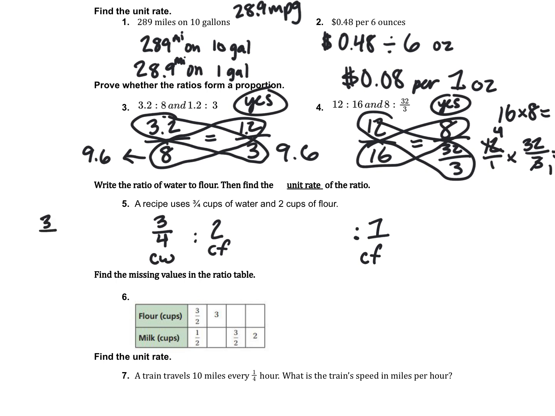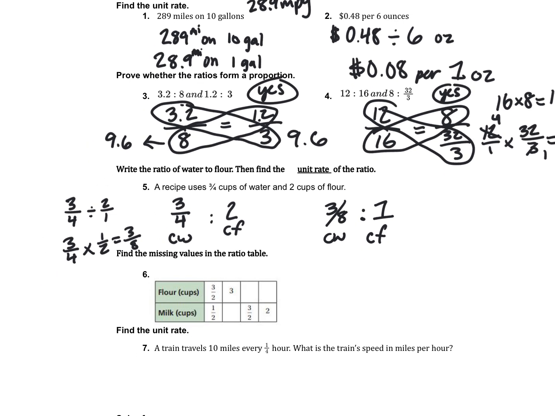So I'm going to divide 3/4 by 2 over 1, which can also be written as 3/4 times 1/2, and I get 3/8. We would say 3/8 cup of water for every 1 cup of flour. That is my unit rate.